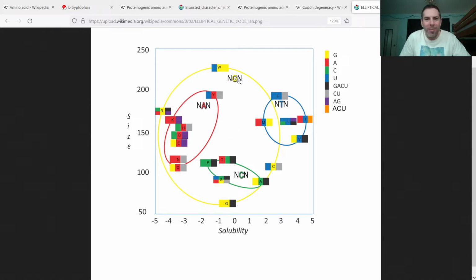And then the plot shows color coding for the middle nucleobase for the codons. So you can see that for the most part, ignoring the yellow circle, amino acids with similar solubility and size share that middle nucleobase in the genetic code.